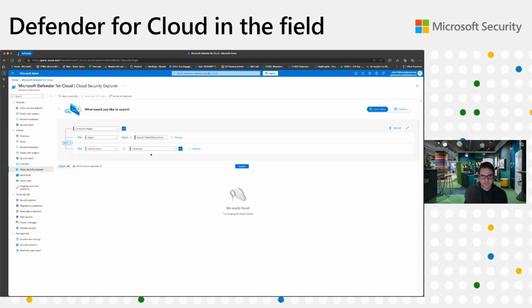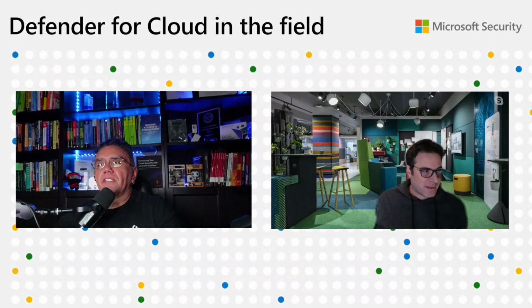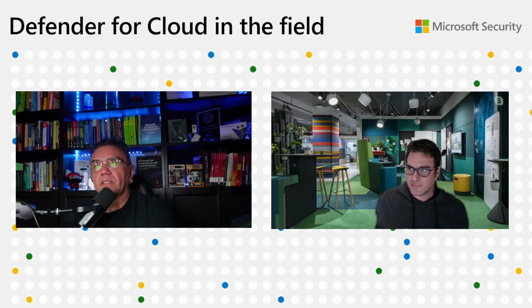In this case, that's not the case, but if there were containers, I would be able to see them in here. Fantastic. The richness of the graph is just really getting better and better. One of the things that I noticed is that we have software inventory as part of the security graph. If you could enumerate some of the benefits of having the software inventory as part of the security graph, what would you say?